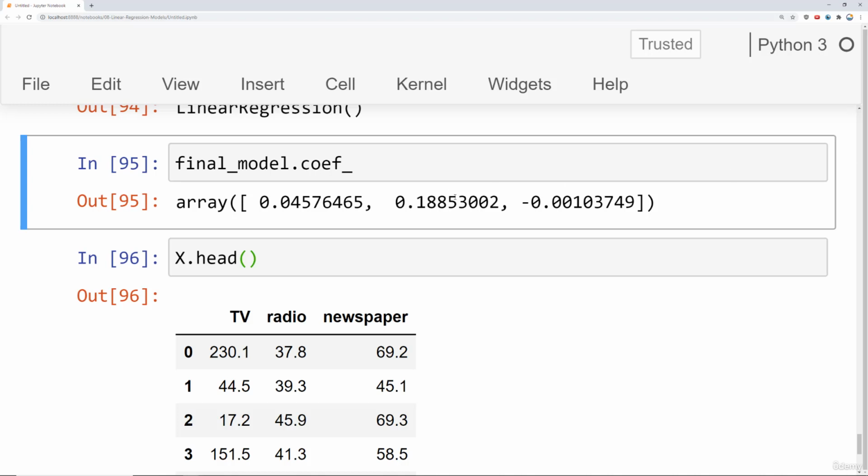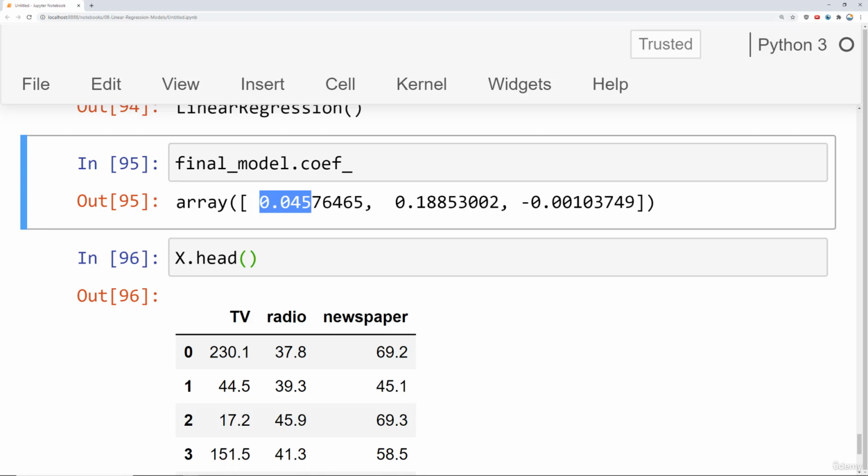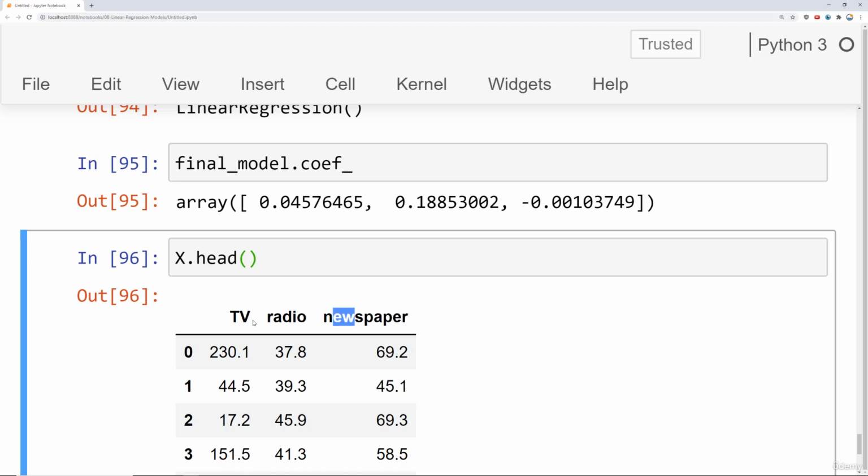Now, what does this actually mean as far as quantitative understanding of these coefficients? Well, if we took a look at one of these coefficients, such as just TV spend, which is 0.045, that means, quantitatively speaking, if you were to hold the other features fixed, so if you hold radio fixed and newspaper fixed and only adjust TV, every time you adjust TV by 1 unit, that is a 1 unit increase in TV spend, so that's technically $1,000 if these units are $1,000.